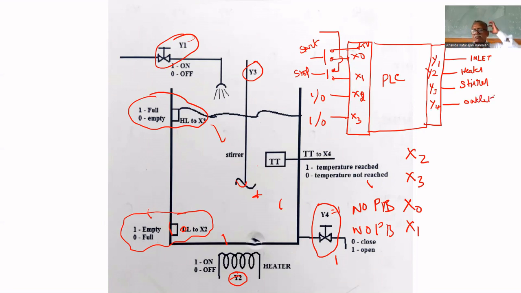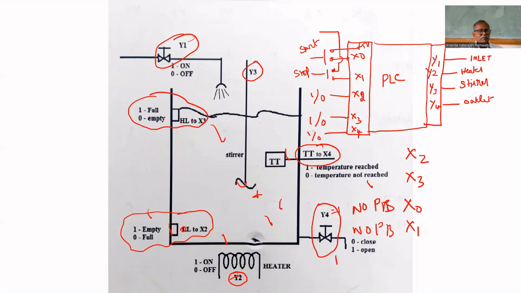Any other output? No. That's all. X4 is one more input. If the temperature is reached, this temperature transmitter will give 1, and that is connected to X4. So how many inputs? X0, X1, X2, X3, X4. 5 inputs. How many outputs? 4 outputs: Y1, Y2, Y3, Y4. That's all.